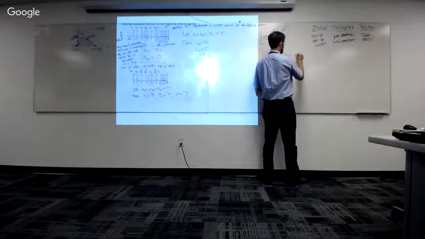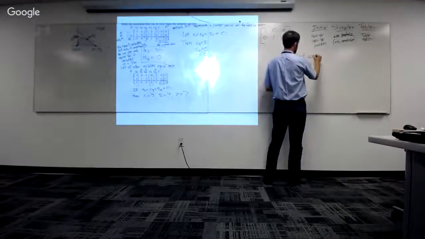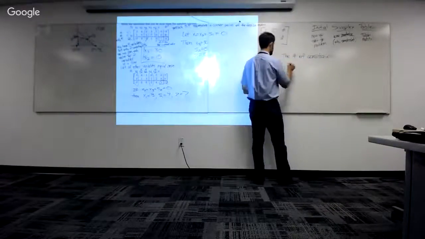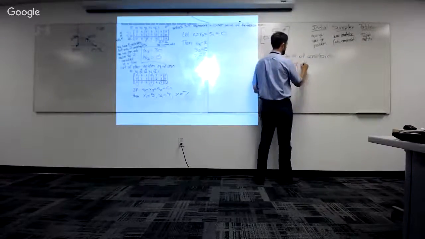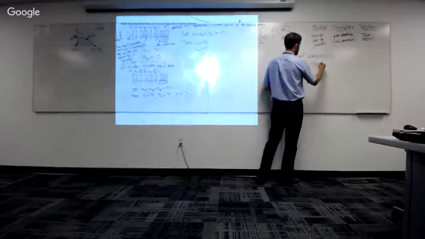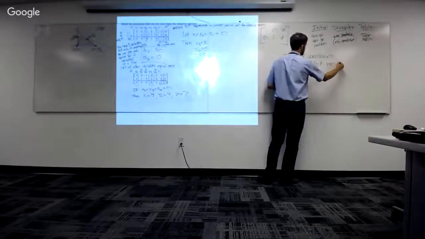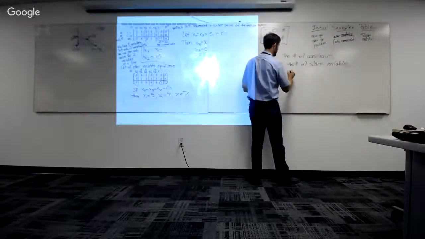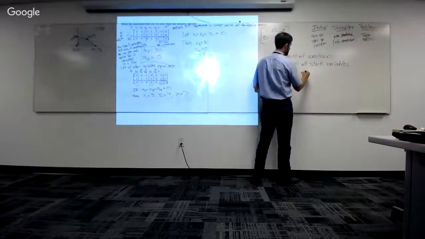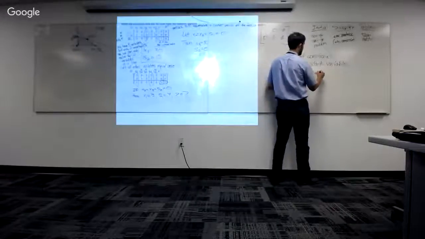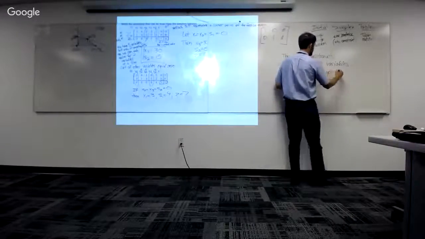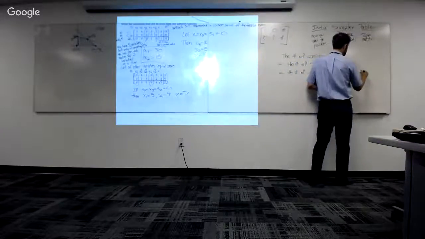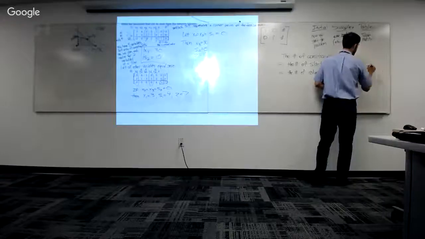The number of constraints, that is the original inequalities, equals the number of slack variables, which also equals the number of columns you can make into zeros and a 1.